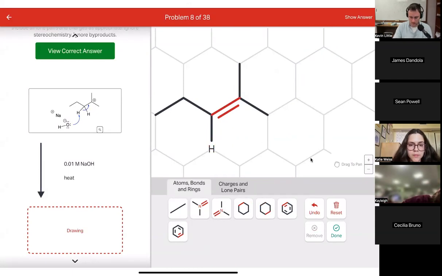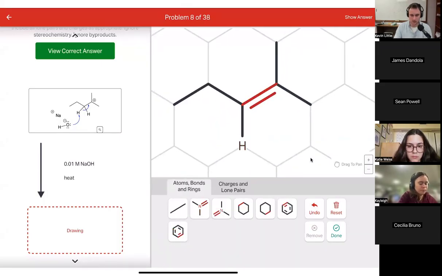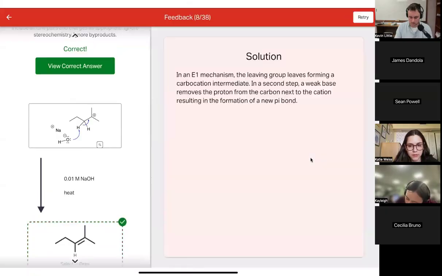If we look at this central carbon between these two bonds, it has gained a double bond and lost the bond to a hydrogen, so it's net neutral. This carbon on the end here has gained a double bond, so it has gained electrons. So it is now neutral. So that should be my answer.